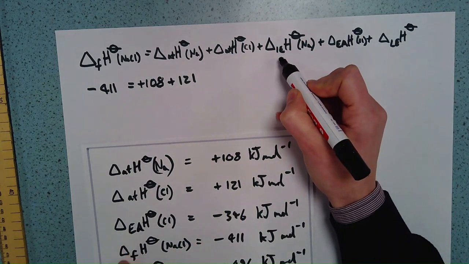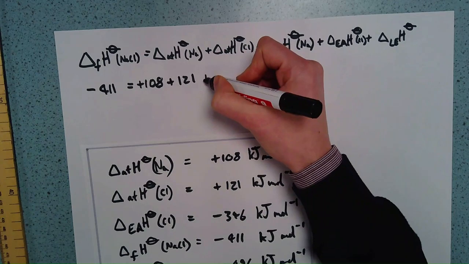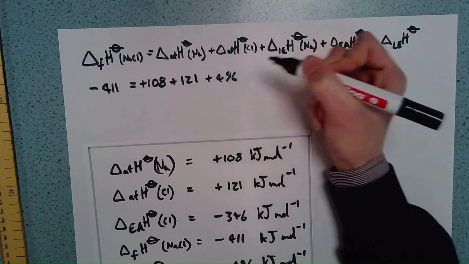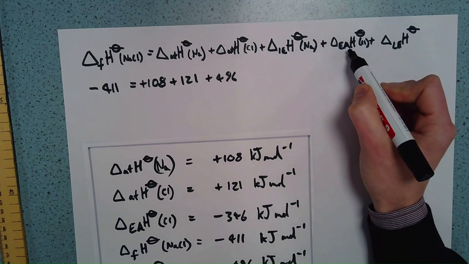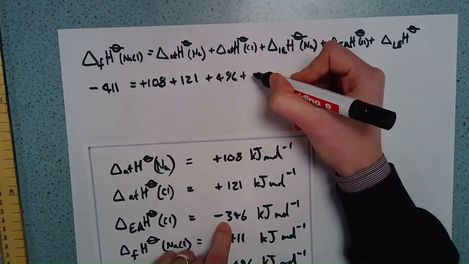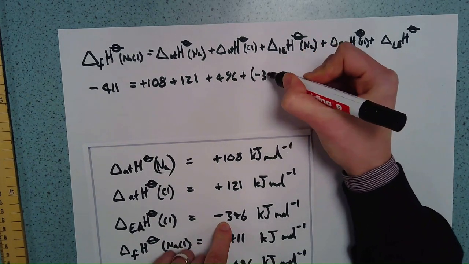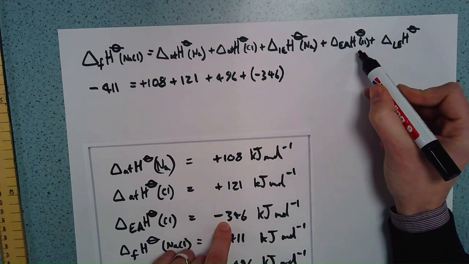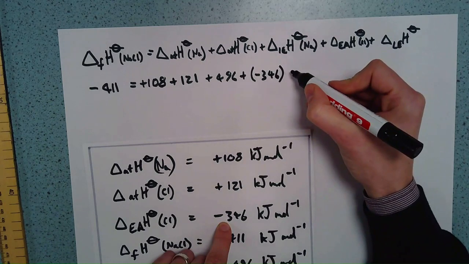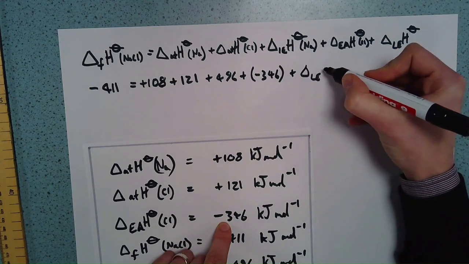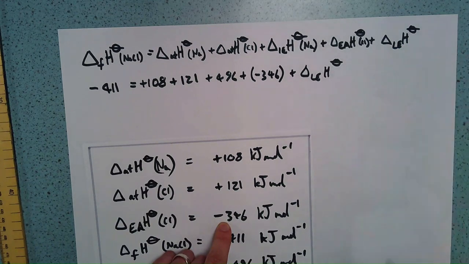Then we're going to add the ionization energy of sodium, so that's plus 496. Then we're going to add the electron affinity, which is there. So that's plus minus 346. And then we're going to add delta LE H.